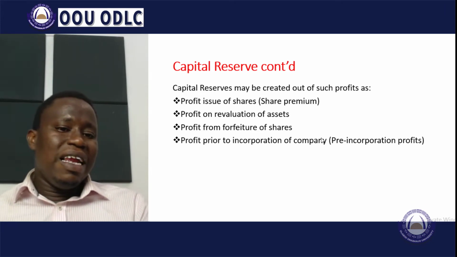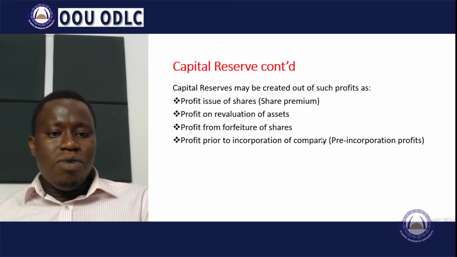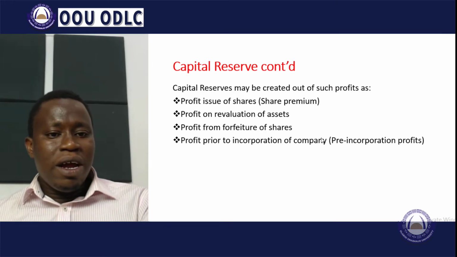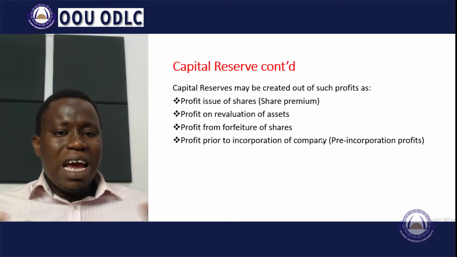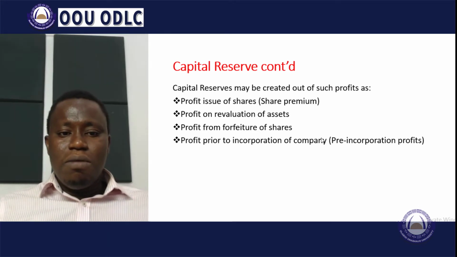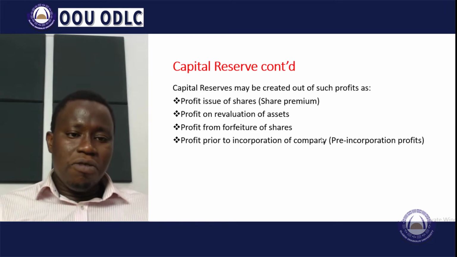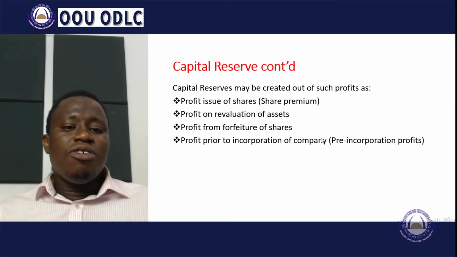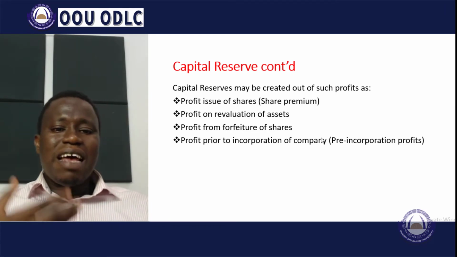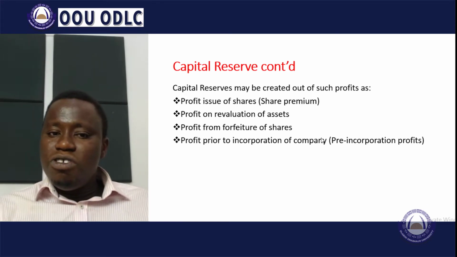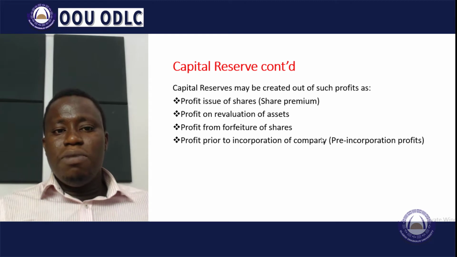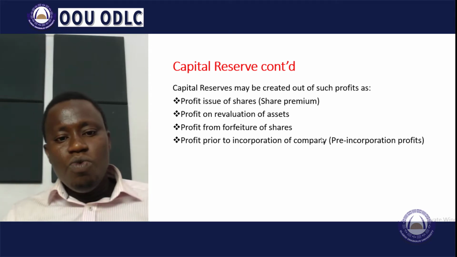Now you discover that the land has appreciated in value and the value is now 1 million naira. That's a gain of 500,000 naira, which is a profit you realize from non-trading activities. It is as a result of your asset increasing. So the extra 500,000 naira that has accrued on that land is also a profit from non-trading activities, and it could be kept as a capital reserve.